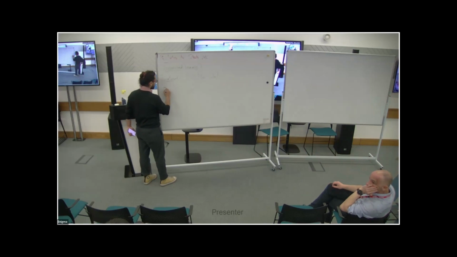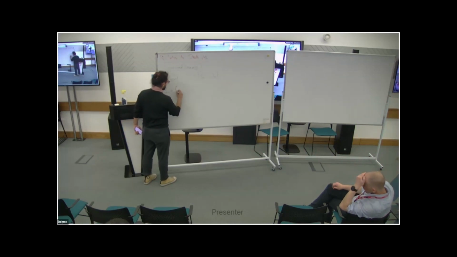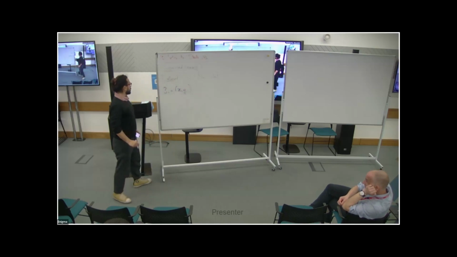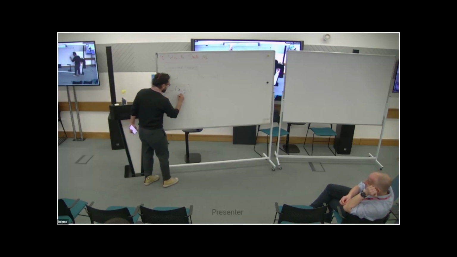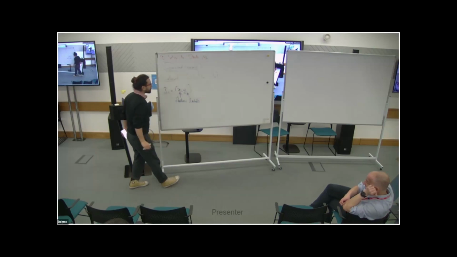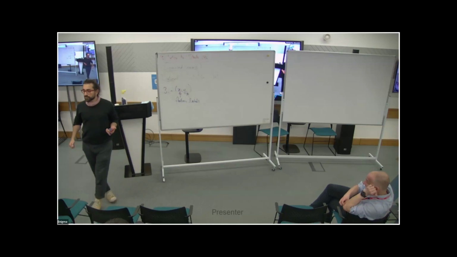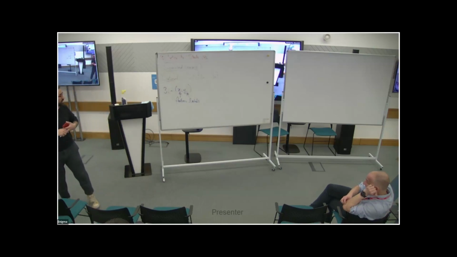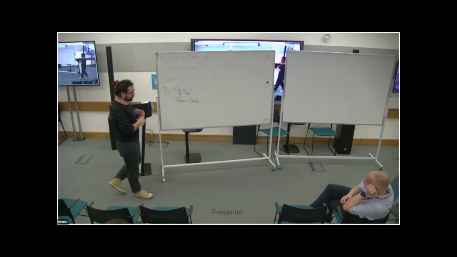Okay, so z_i is actually a pair of x_i and y_i. For instance, we are going to call x_i the features and y_i the labels. If we are trying to do an image classification task, our data set will consist of some images.